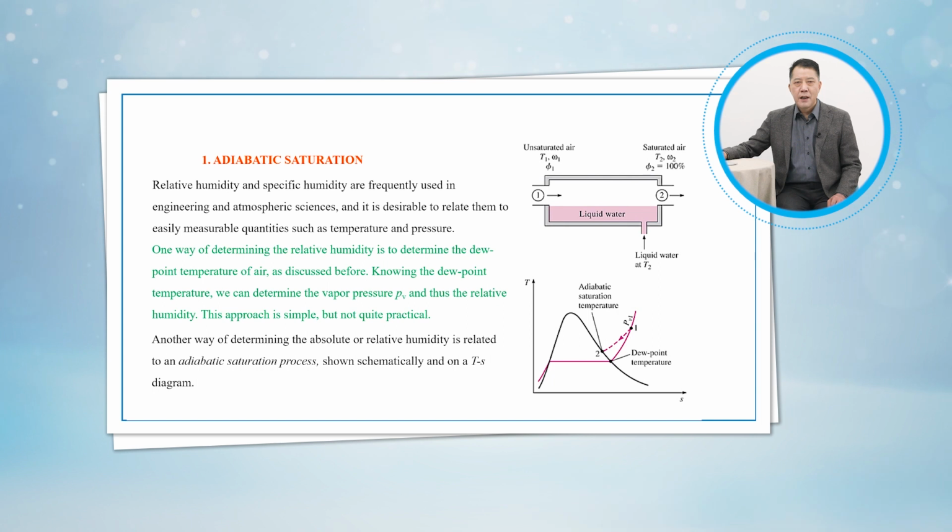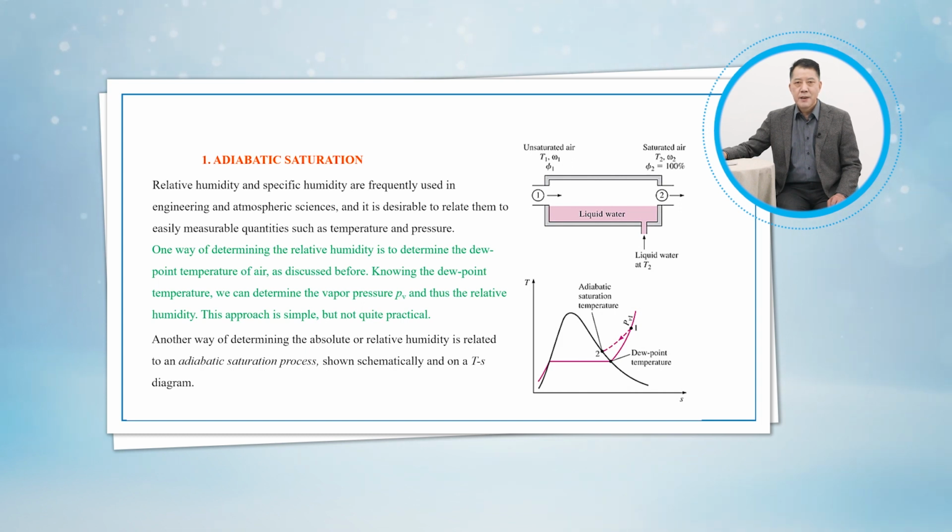Another way of determining the absolute or relative humidity is related to an adiabatic saturation process, shown schematically and on a T-s diagram.